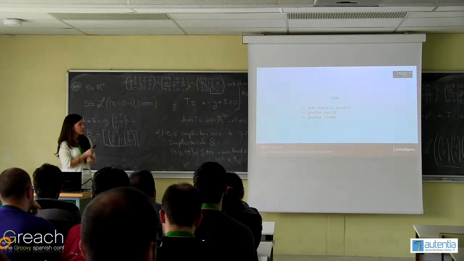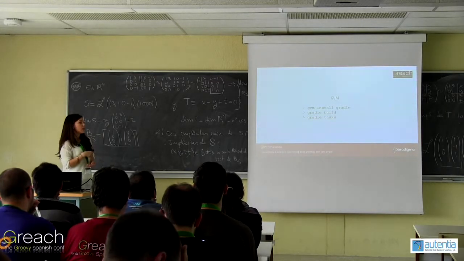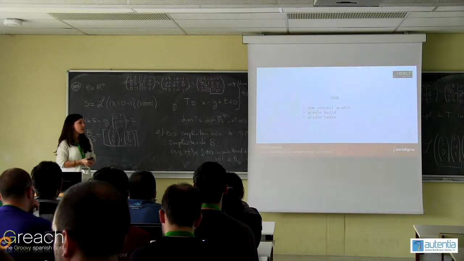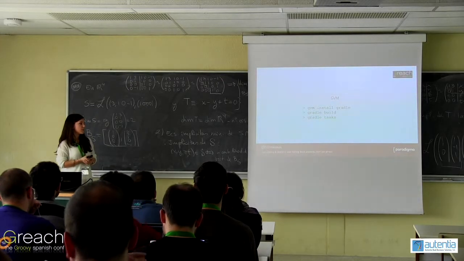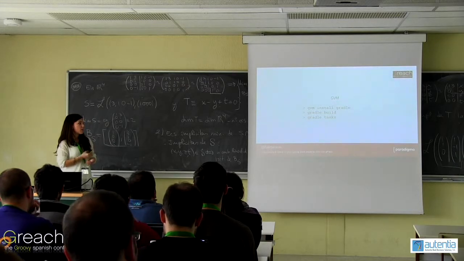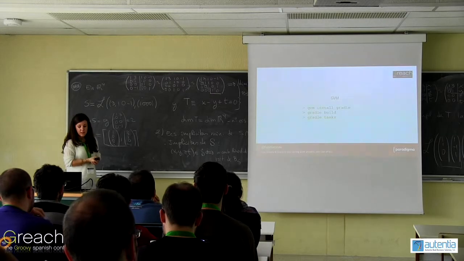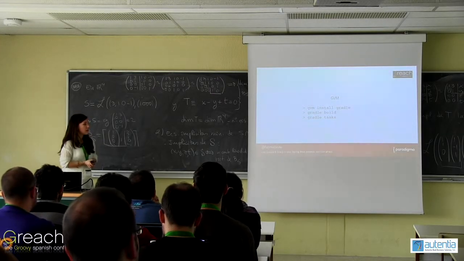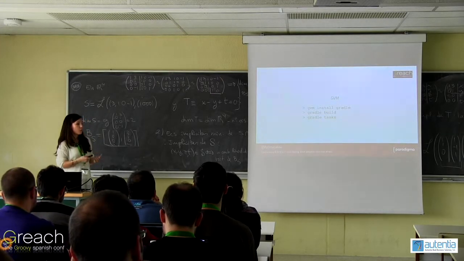We only need to type gvm install gradle, and once you have installed it and you create the build.gradle file, you only need to type gradle build, and this will compile, test, and assemble the project in a jar file.